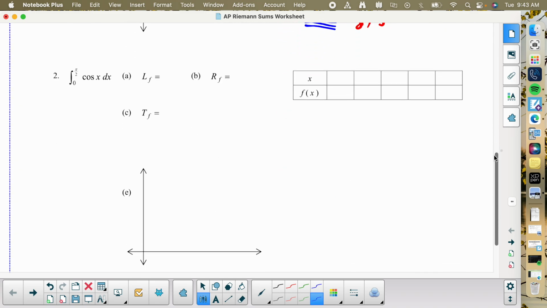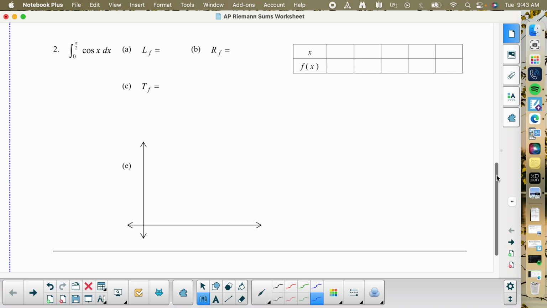Or does anybody want me to talk about trapezoid or left and right more? I didn't have midpoint on this worksheet. I didn't make this worksheet up. I just found it and then kind of fit it towards what we're doing. I definitely would have put midpoint, but the problem is when you have a table, midpoint has to be done differently than left, right, and trapezoid. So that's why tables don't really fit together for all of them.